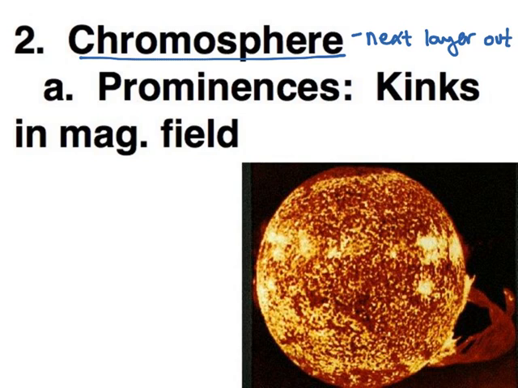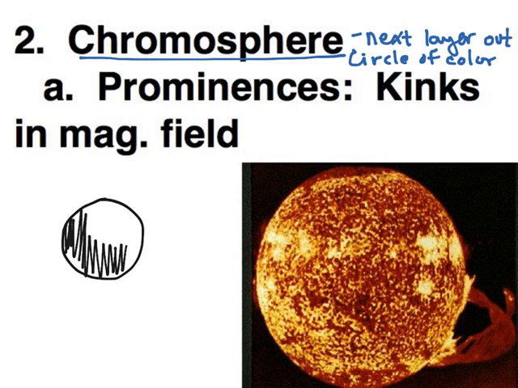And that literally means circle of color, because it does have a red color to it. This was first observed during solar eclipses, because during a solar eclipse, of course, the moon is blocking the sun. And in particular, the moon is blocking the photosphere.